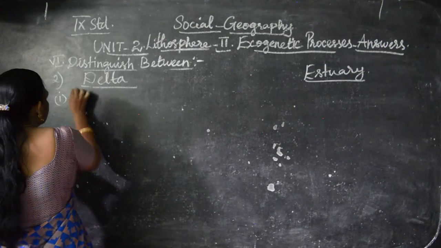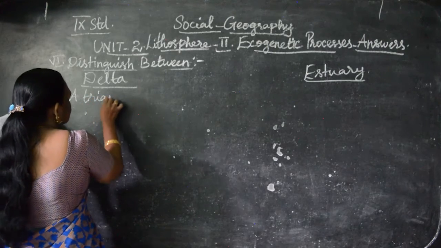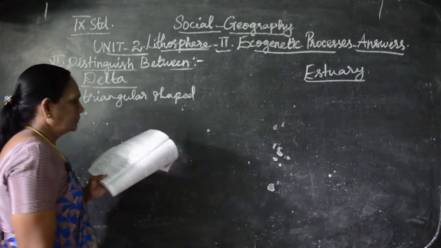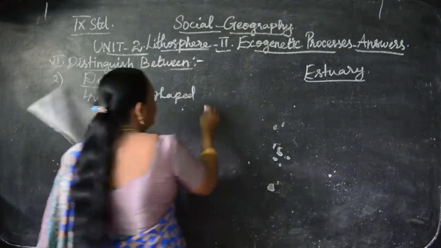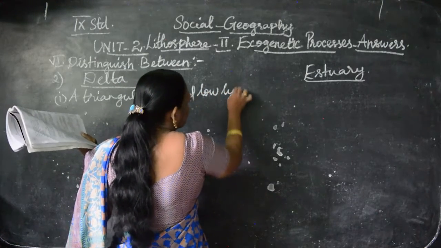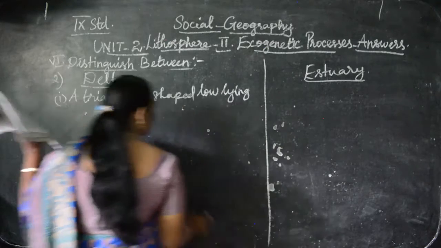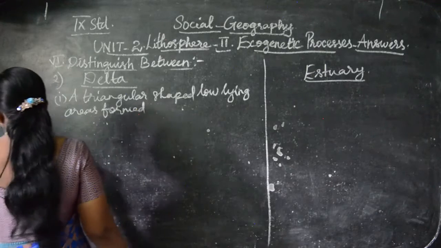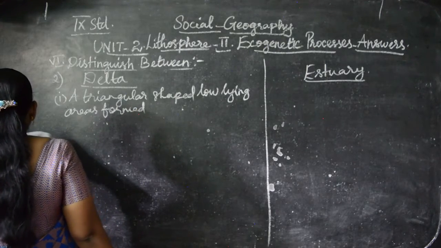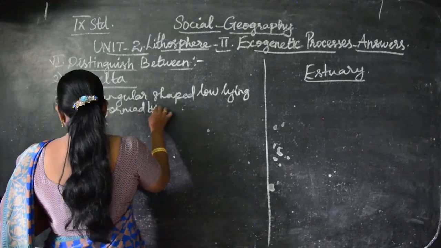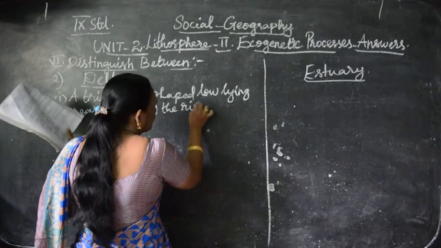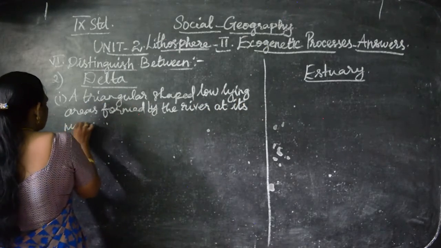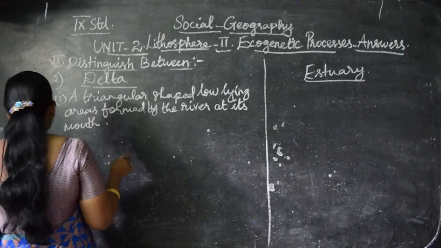Delta: a triangular shaped low-lying area formed by the river at its mouth is called delta.